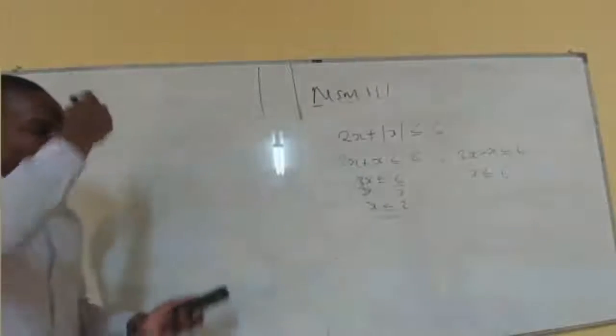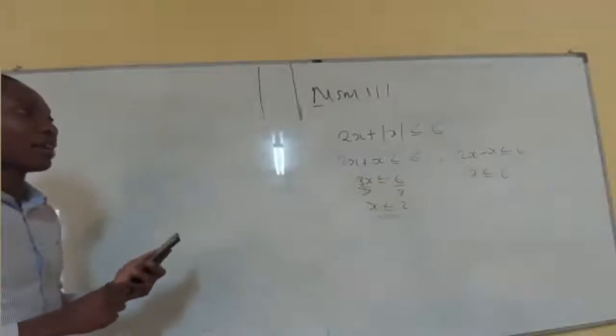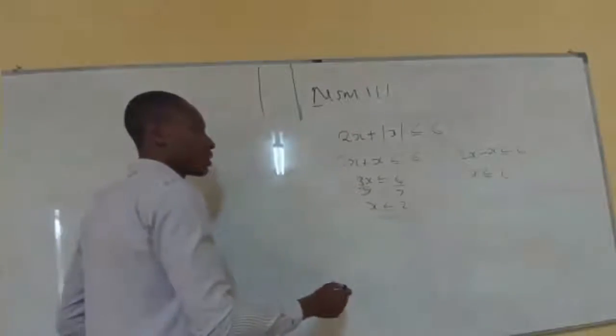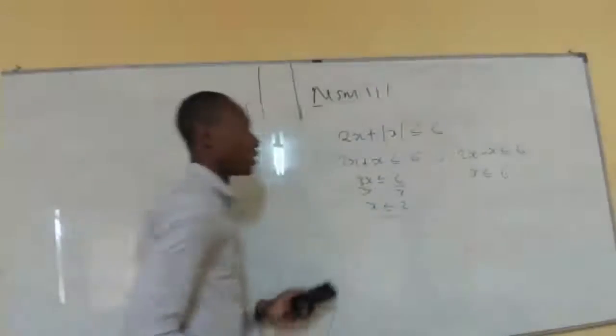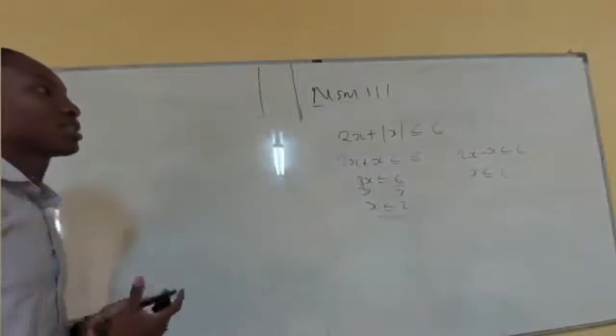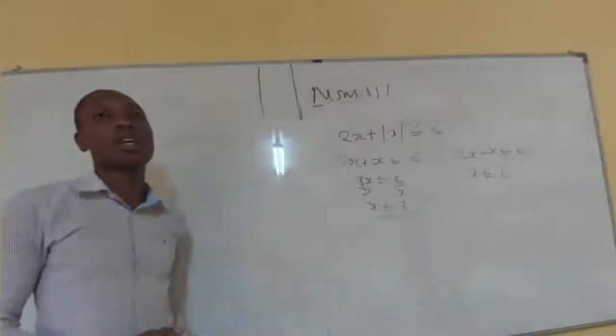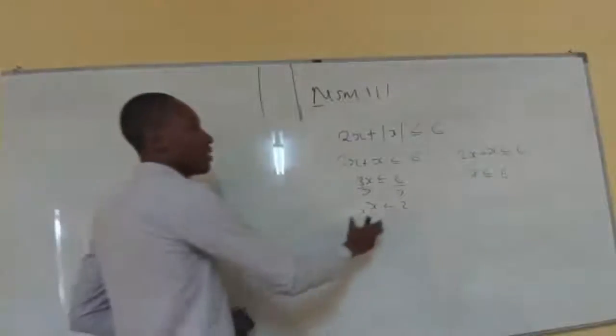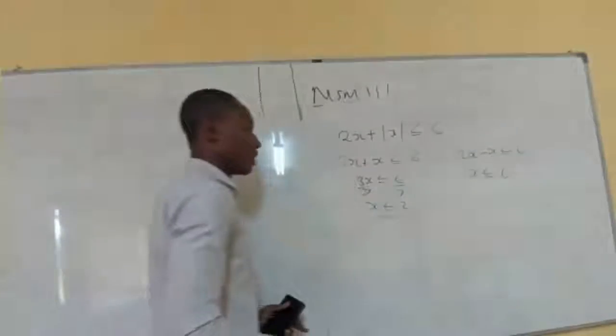Now if you look at the two solutions which you have, you realize that these two meet at some point. So this x is tending towards negative infinity starting from 6, and this one is tending to negative infinity starting from 2. So meaning that this one incorporates this one.